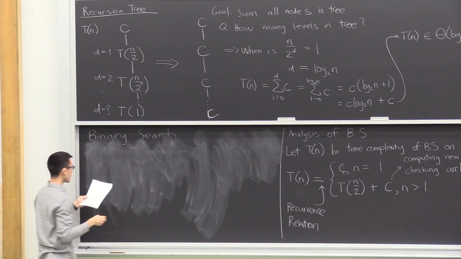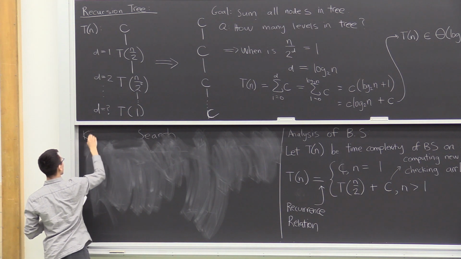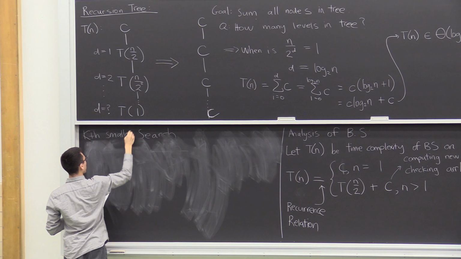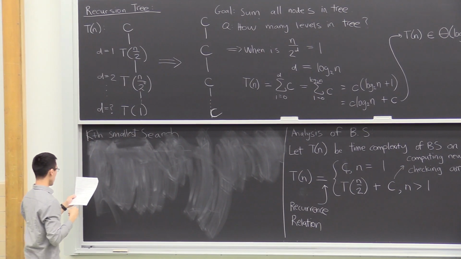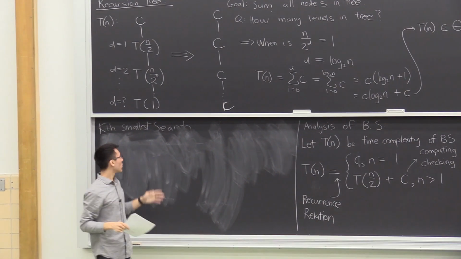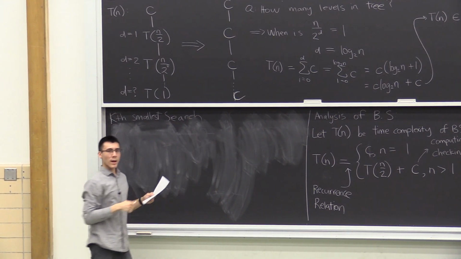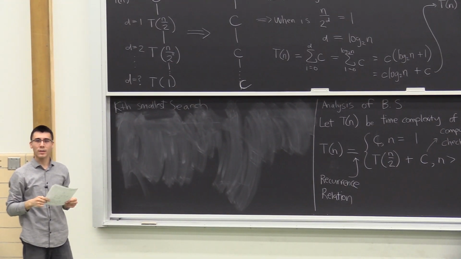Okay, so just to briefly review, this is kth smallest search. Basically, if we have n elements that are not sorted, we want to find what is the kth smallest element in that whole array.